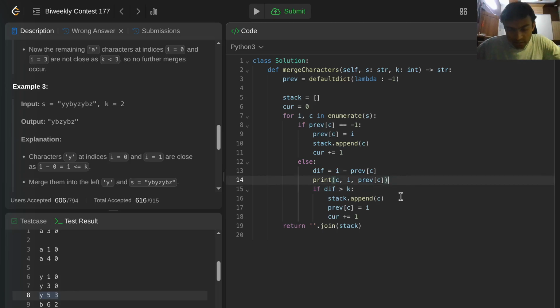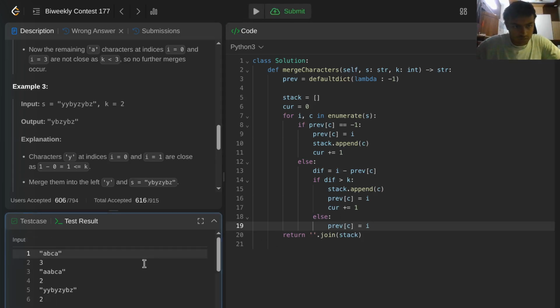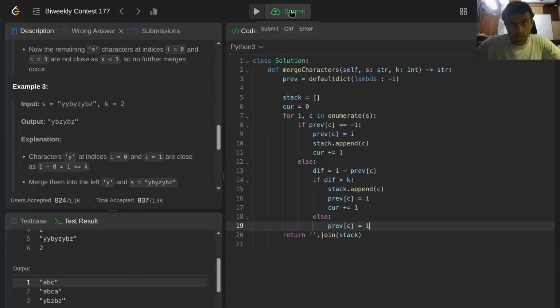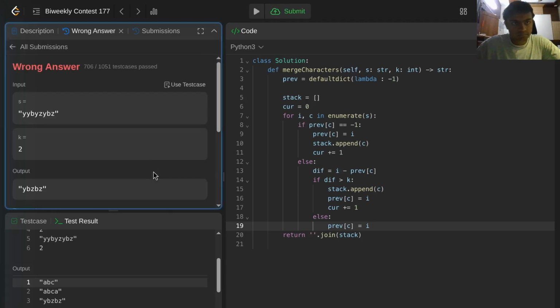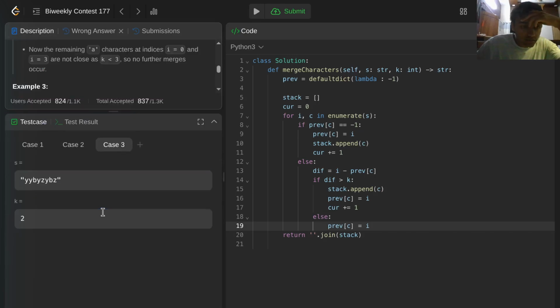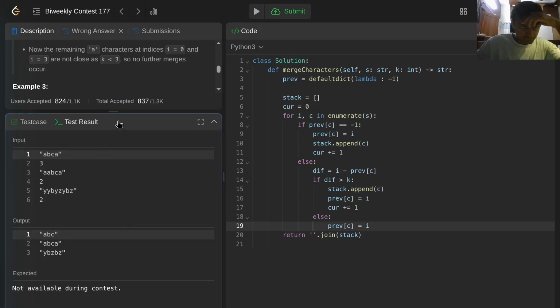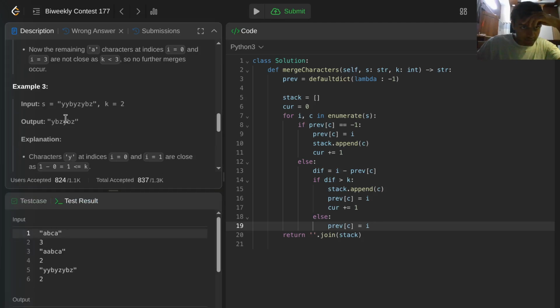If it's lesser than k, previous of c is equal to... I mean, yeah, then still. But yeah, let's just finish it properly. What am I doing? YBZBZ, YBZYBZ.